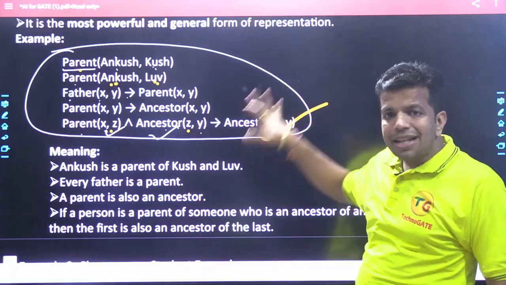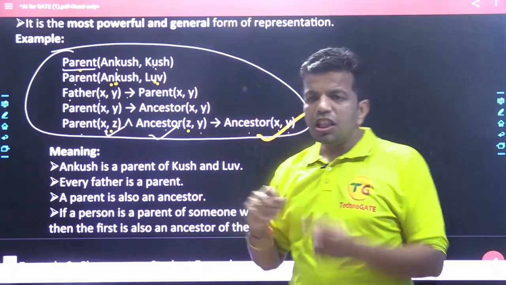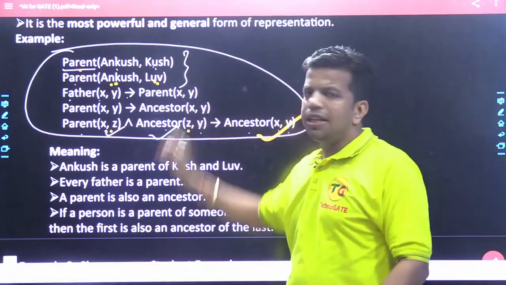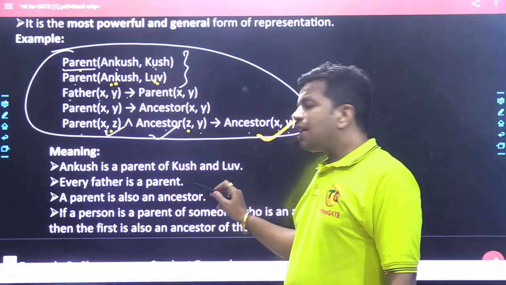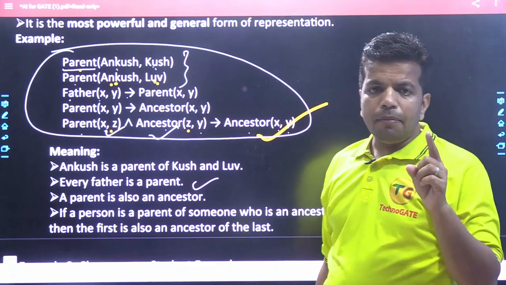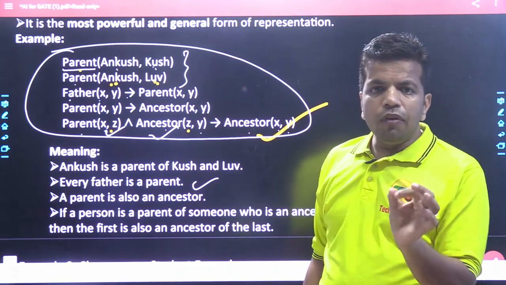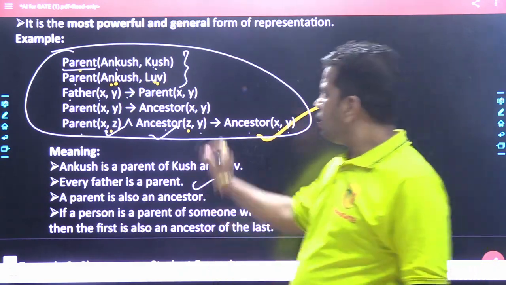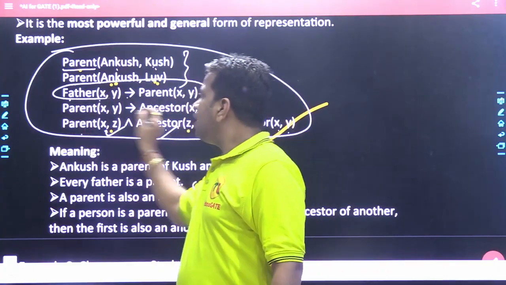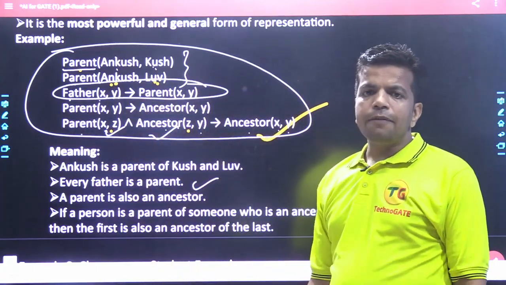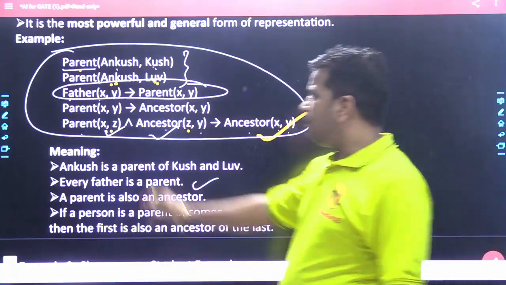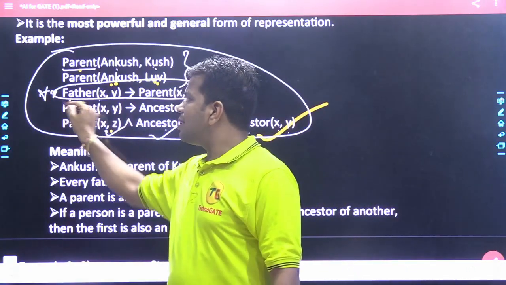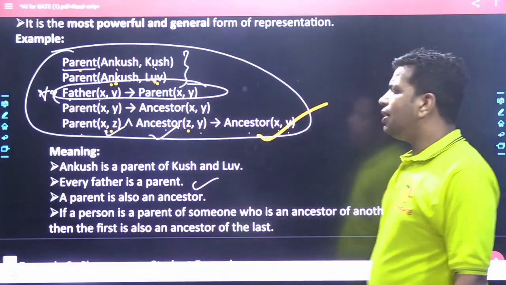Now, what is exactly the meaning of this? The first two statements represent that Ankush is parent of Kush and Luv. The next statement represents that every father is a parent. We can say that if X is father of Y, X is parent of Y, and if this statement is true for all X, then every father is a parent.